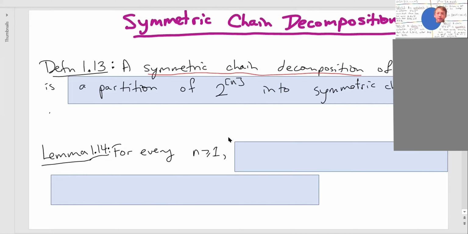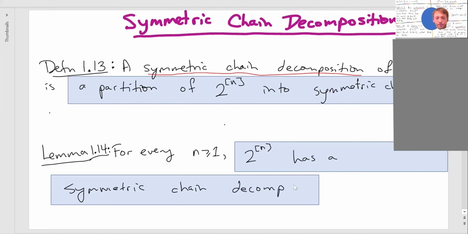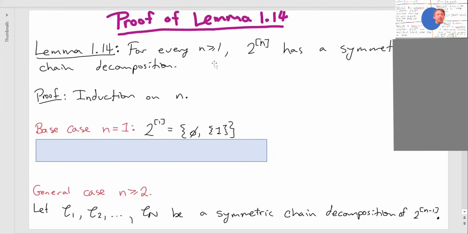And the lemma, which is going to almost completely prove Sperner's theorem, is that for every n at least one, the power set of 1 up to n has a symmetric chain decomposition. I'm going to focus on proving this, and then if I get through that proof, we'll use that to prove Sperner's theorem. Any questions before I move on? I've just restated the lemma here.